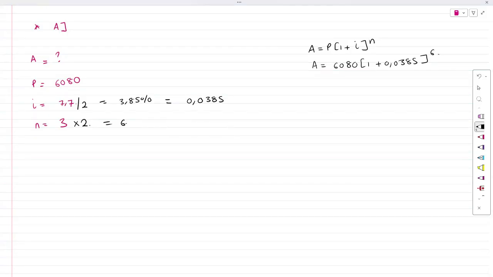And if we solve this, we should end up with 7,000 some change, 7,626.80.